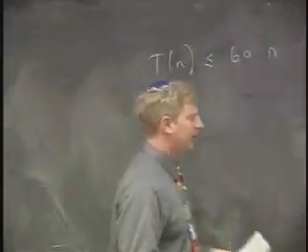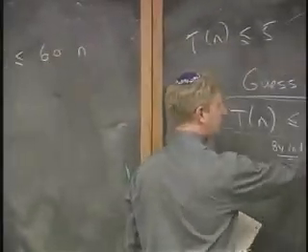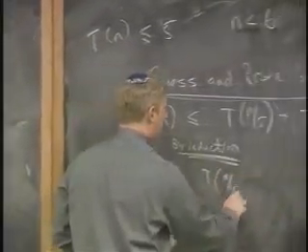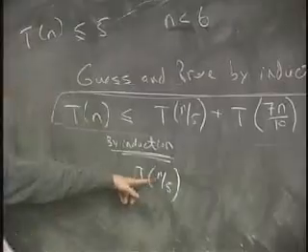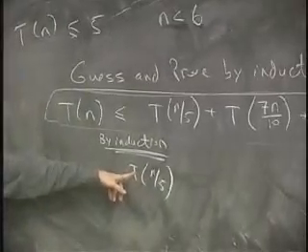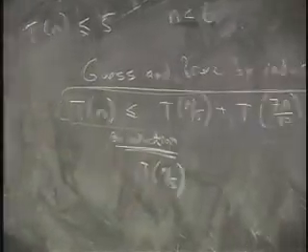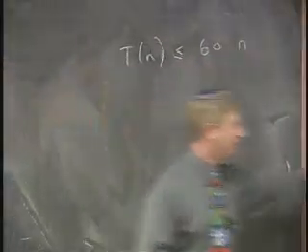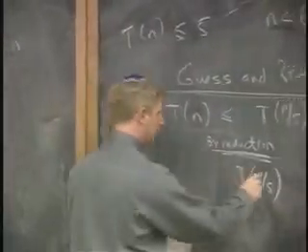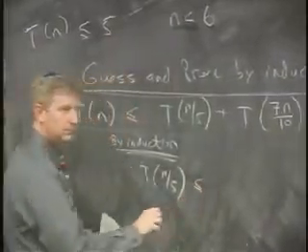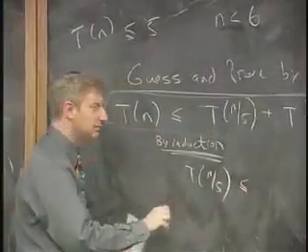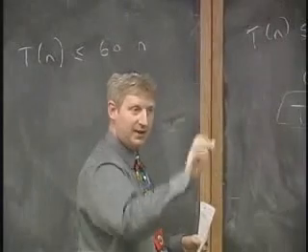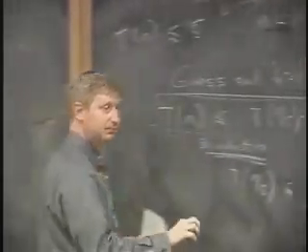All right, let's go ahead and try to do this. By induction, here's what I know. N over 5 is a smaller problem than n. I'm trying to prove T(n) is less than or equal to 60n. I'm going to assume by induction that T(n/5) is less than or equal to 60n divided by 5, or 12n.